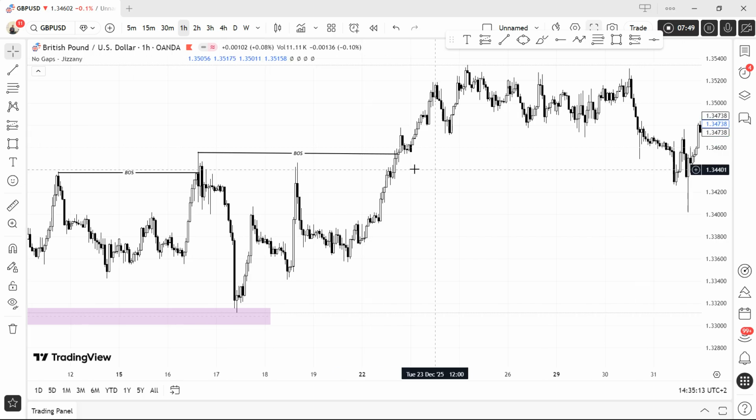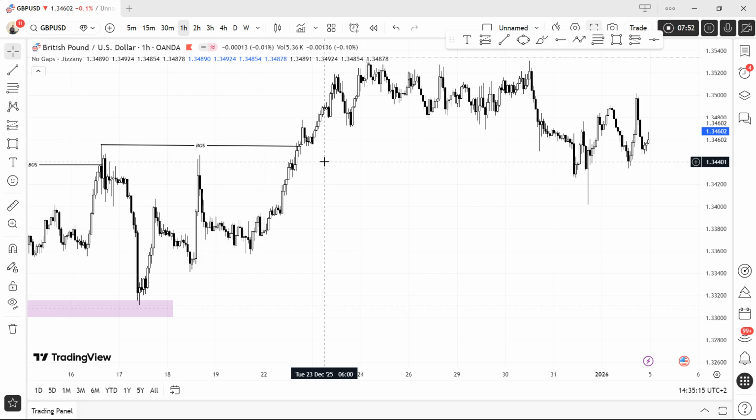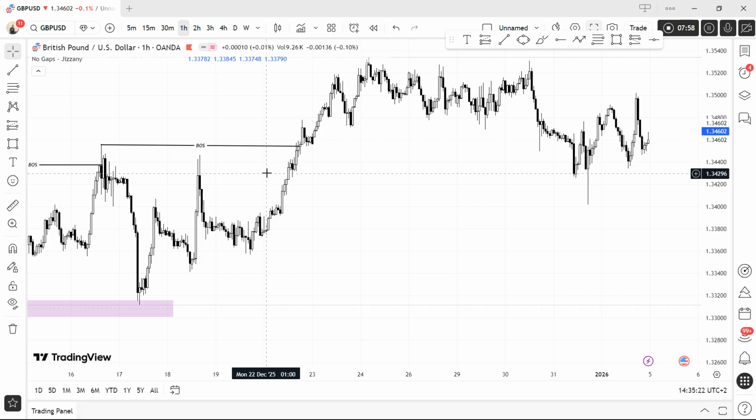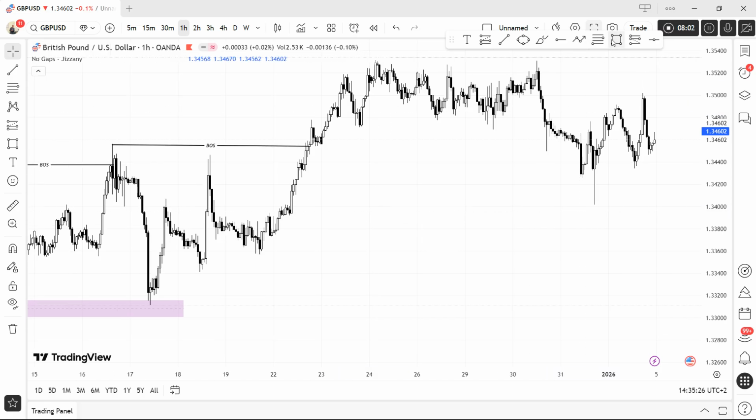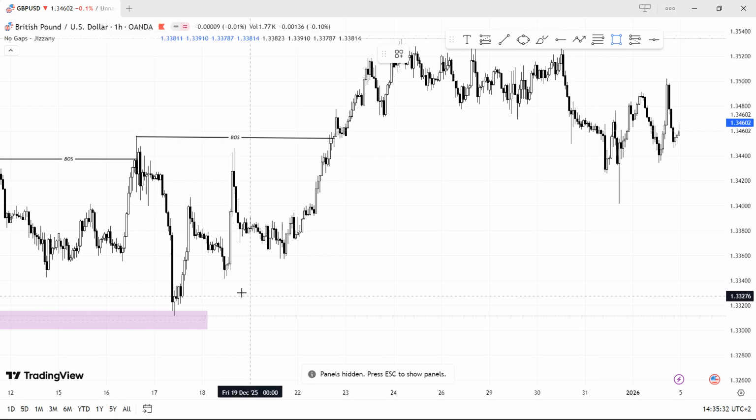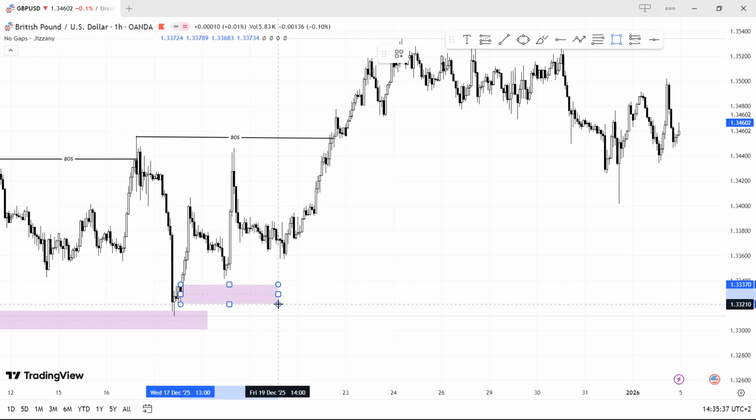So this break of structure, we would like to see where the origin of this break of structure is. As we can see, price was coming from this area.